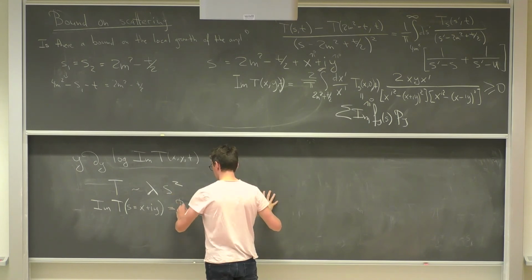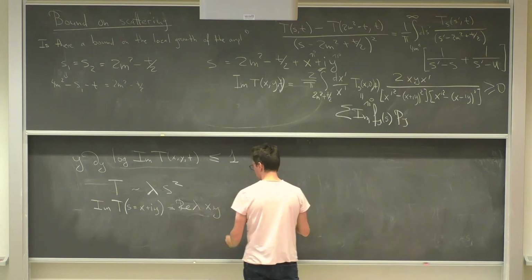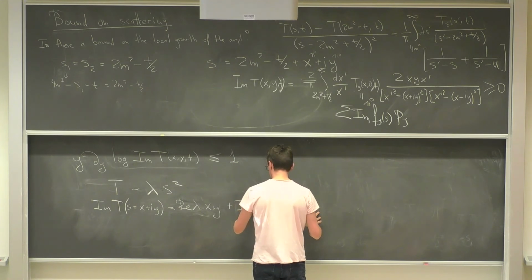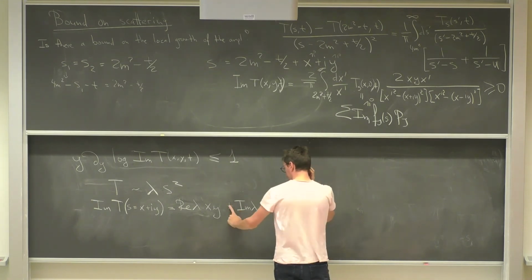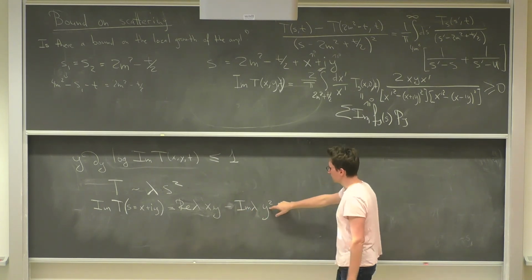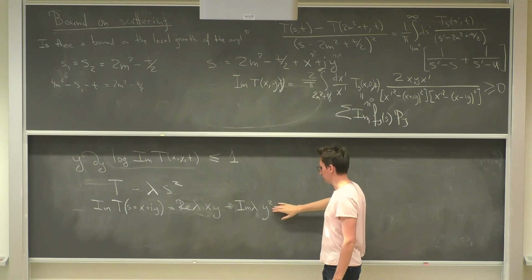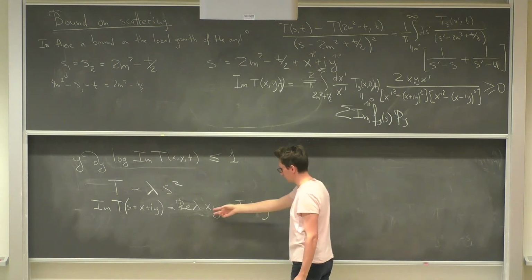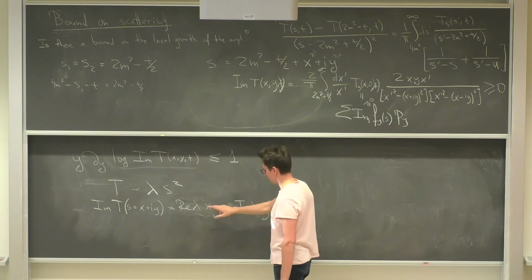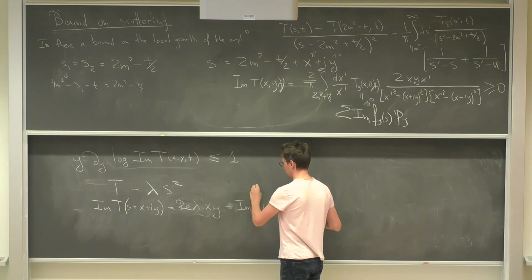We get the real part of lambda times xy, and we also get the imaginary part of lambda, and here we will get y squared. So this violates the bound, right? If I take y dy, and let's say y is larger than x, so this term dominates. So from this bound we conclude that the imaginary part of lambda is 0.